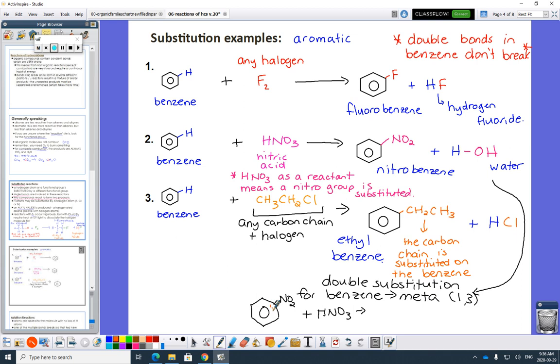Most people will go clockwise because you're used to clockwise and would call this number 3, but you could go counterclockwise and call this number 3. That's fine too.